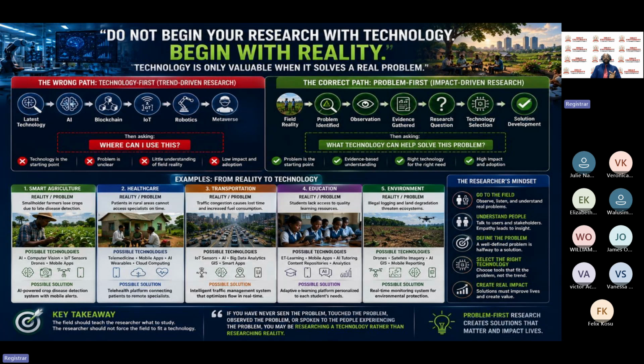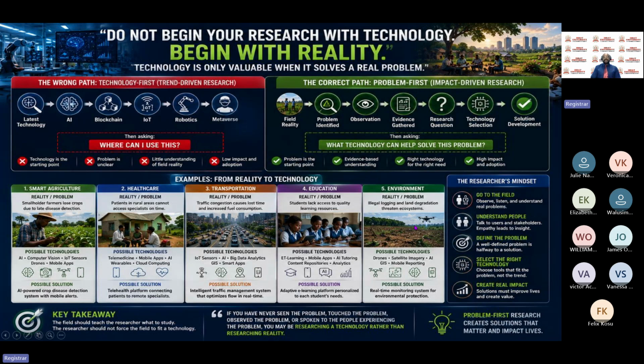In this, you have to understand field reality, identify the problem, observe, gather data, and make sure you have a proper research question. Then you choose the technology, study the technology very well and develop a solution. So put the problem first and see what technology can help to solve this problem.